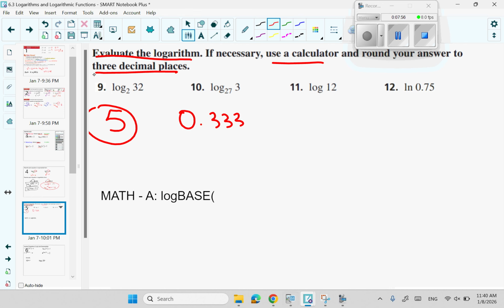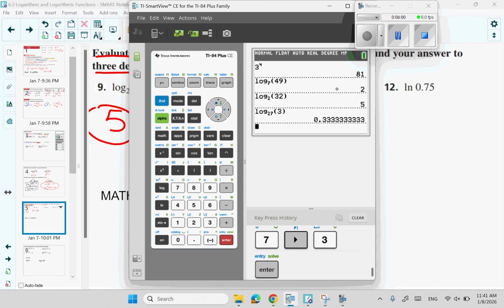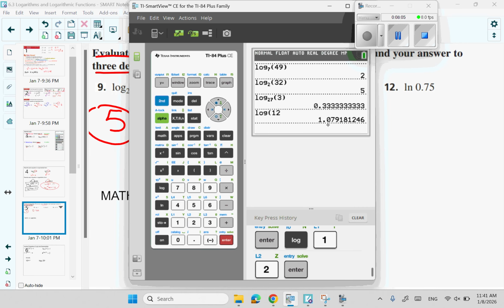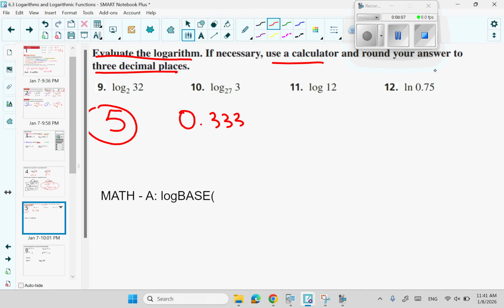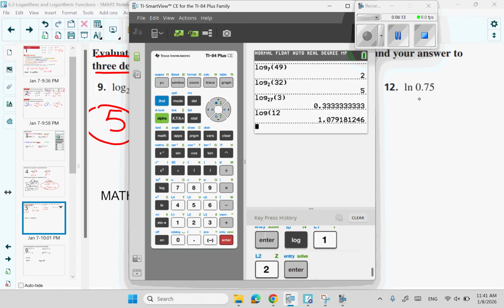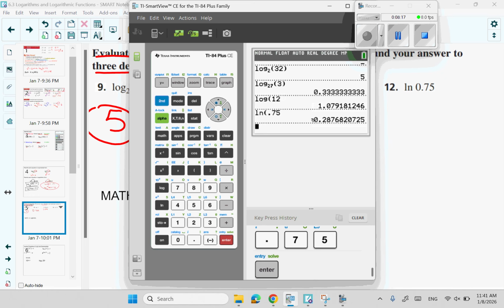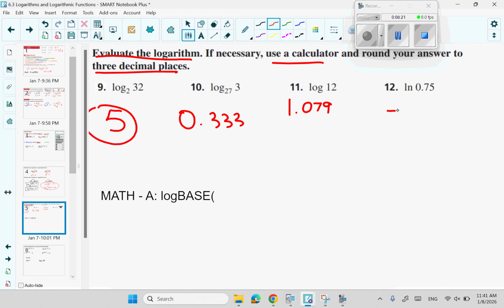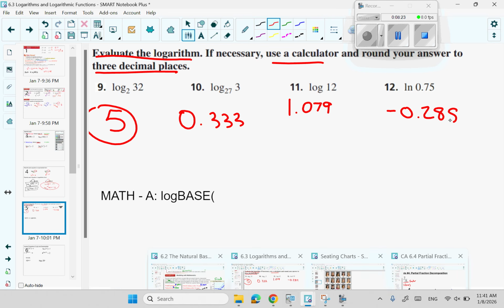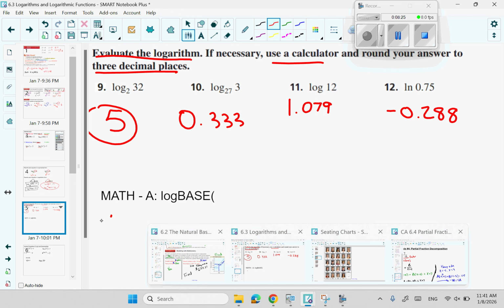It says 3 decimal places, so I'm just going to go right there. Log of 12, we get 1.079. Okay. And natural log of 0.75, we have negative 0.288.